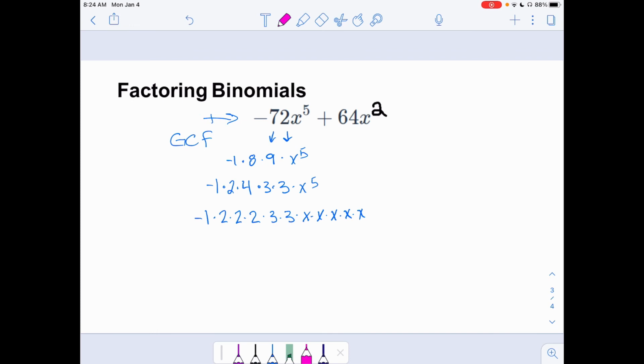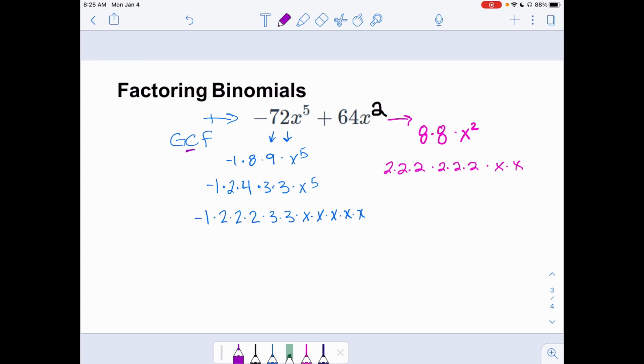Now let's do the same thing to 64. Okay, we can break 64 up into 8 times 8 times x squared. 8 can be rewritten as 2 times 2 times 2. And we need a second set of that because we have 2 8s. Now I'm going to circle what they have in common.